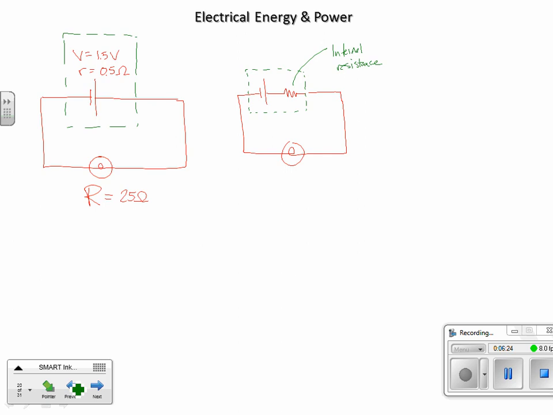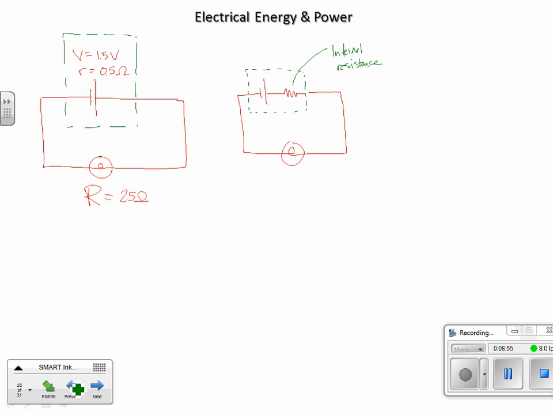Now, I am not saying that if you crack open a battery, you'll find a little resistor in there. That is not the case. But it's some function of how much electrolyte or acid is in there, or the condition of the salt bridge, or something like that. It ends up acting like a resistor. There are not real resistors inside batteries, but properties of the batteries make it behave like there are.